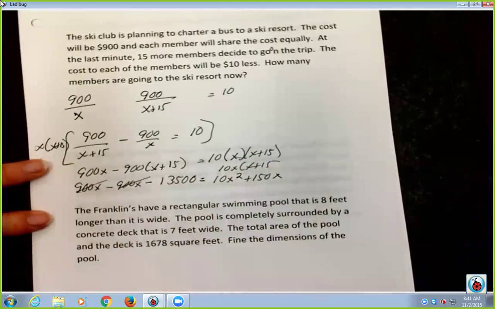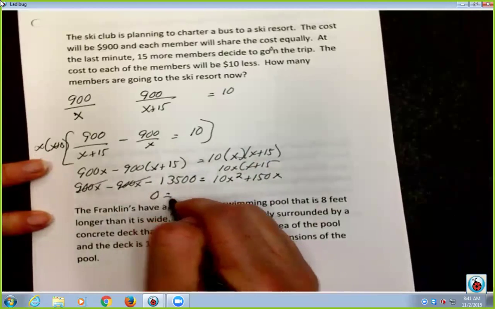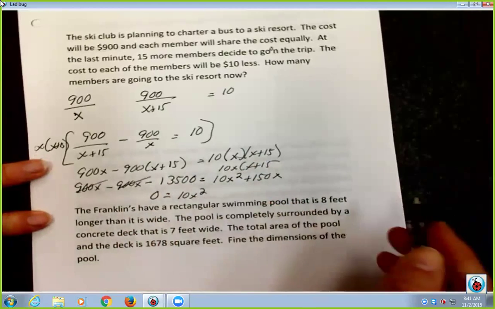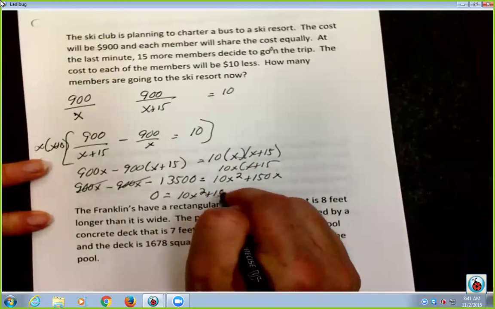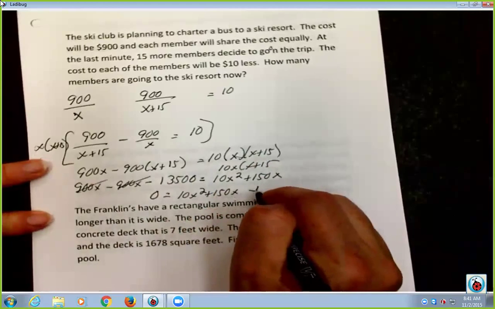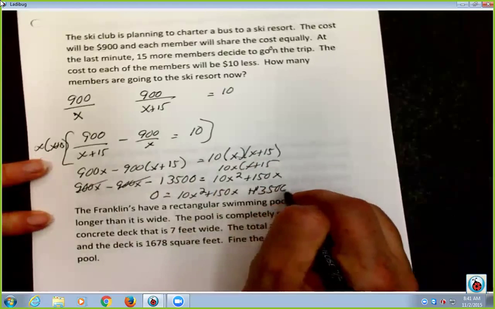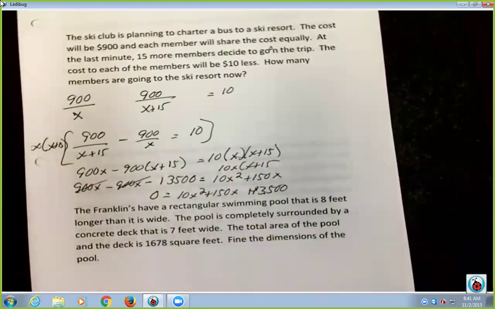These 900x terms cancel. Move that back over. 0 is equal to 10x squared plus 150x plus 13,500. And then you'd plug it in your quadratic.